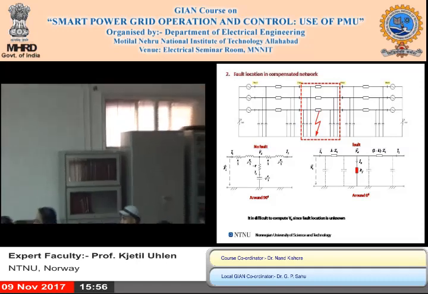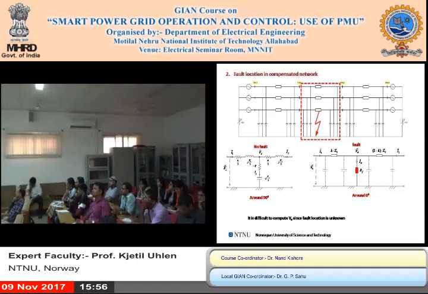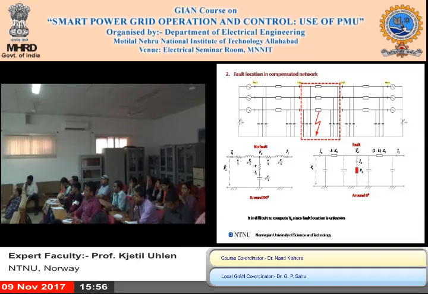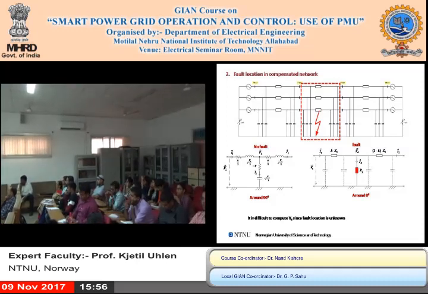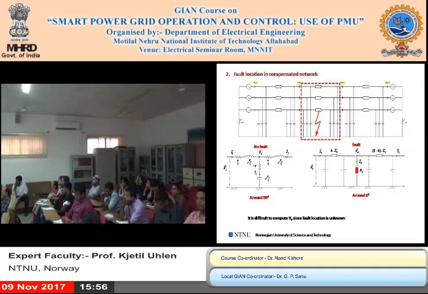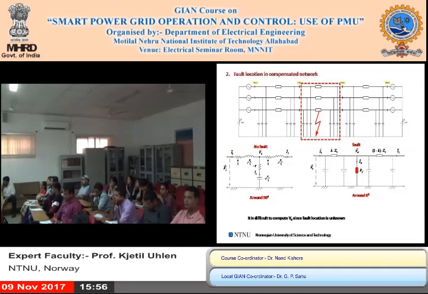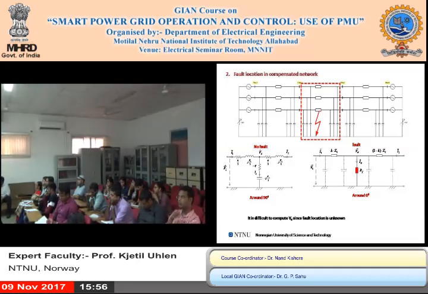If there is no fault, you can consider the line with its charging capacitances and you can measure at both ends of that line.